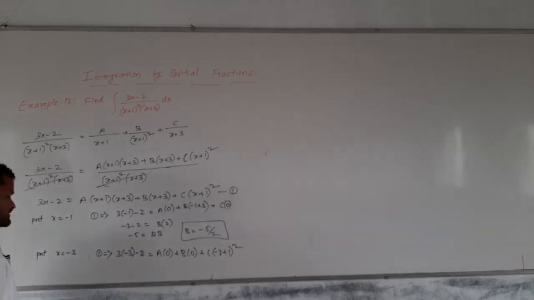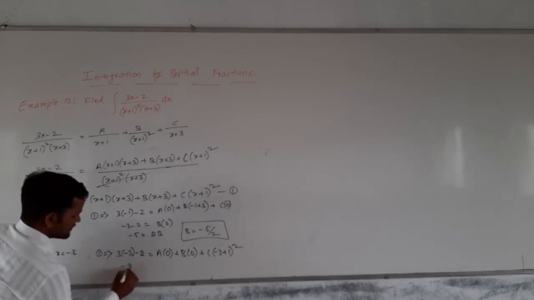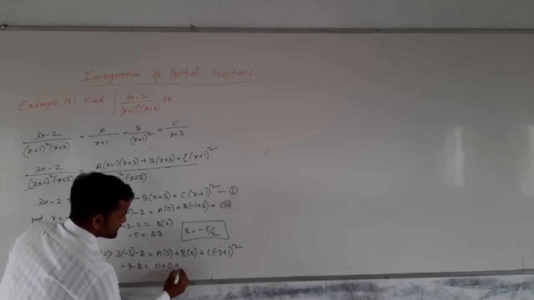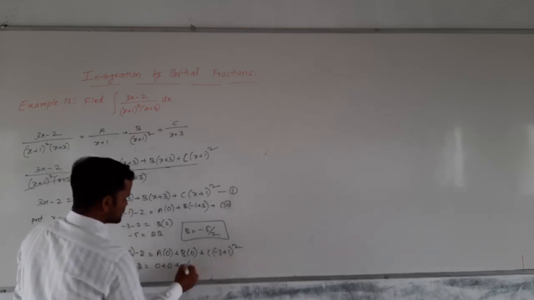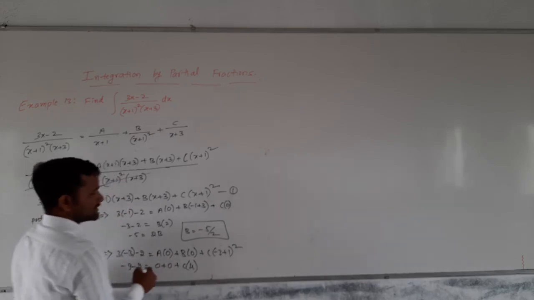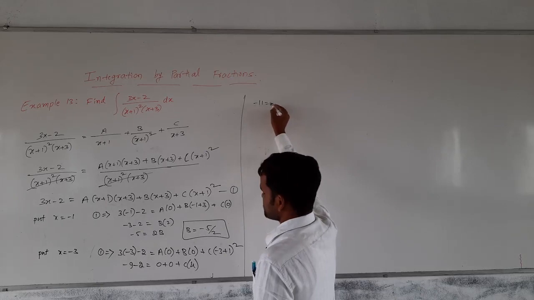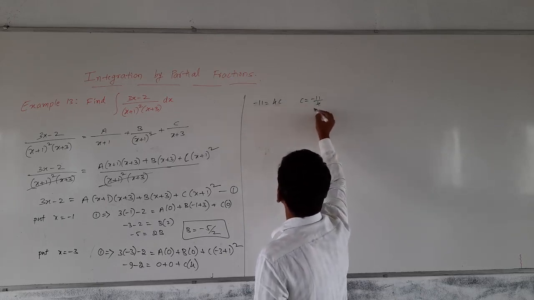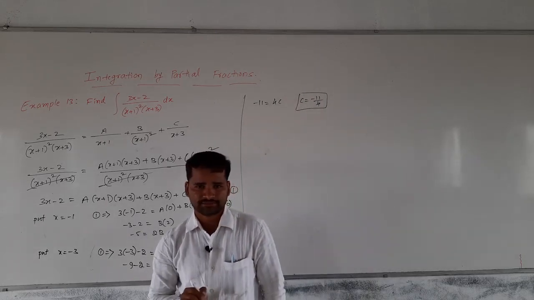I am putting x value as −3 here. This is 3 into −3 is −9, −9 − 2 is equal to 0 plus c into (−3 + 1), which is −2, square is 4. Minus 11 is equal to 4c, therefore c is equal to −11/4. We got the value of c also.